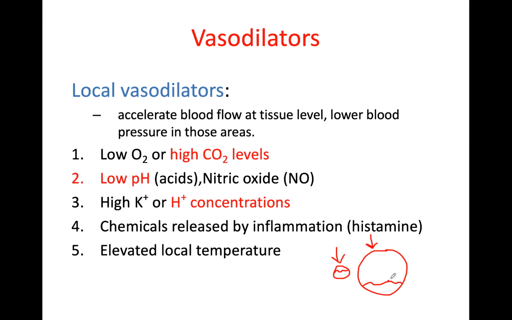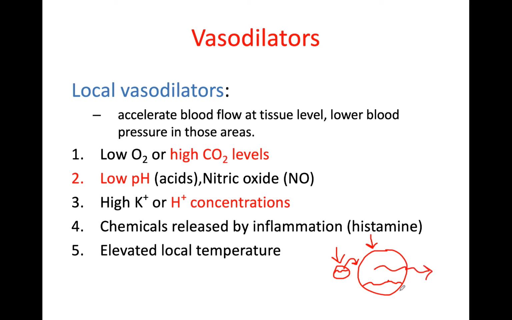What would cause blood vessels to vasodilate? Well, let's think about this again. If the blood vessel vasodilates, the pressure will lower in here. The blood flow is going to increase through this area because it's now less restricted, and it's going to cause more blood flow into tissues in these areas.